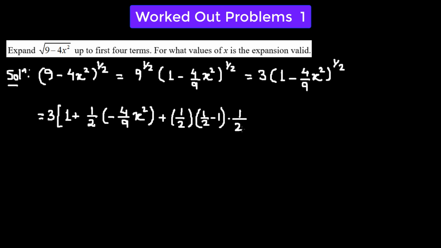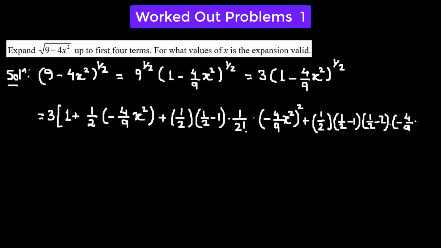So I'm simply writing it as 1 over 2 factorial times (negative 4 over 9 x squared) whole raised to the power 2, plus 1 over 3 factorial times half times half minus 1 times half minus 2 times (negative 4 over 9 x squared) whole raised to the power 3, plus the remaining terms.